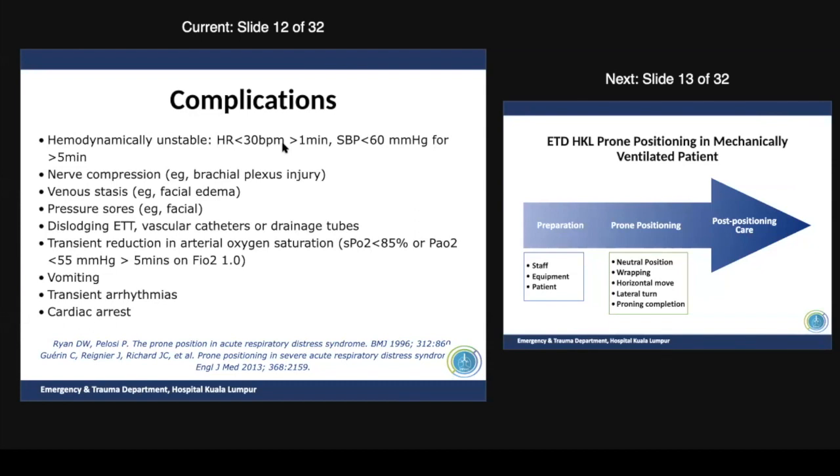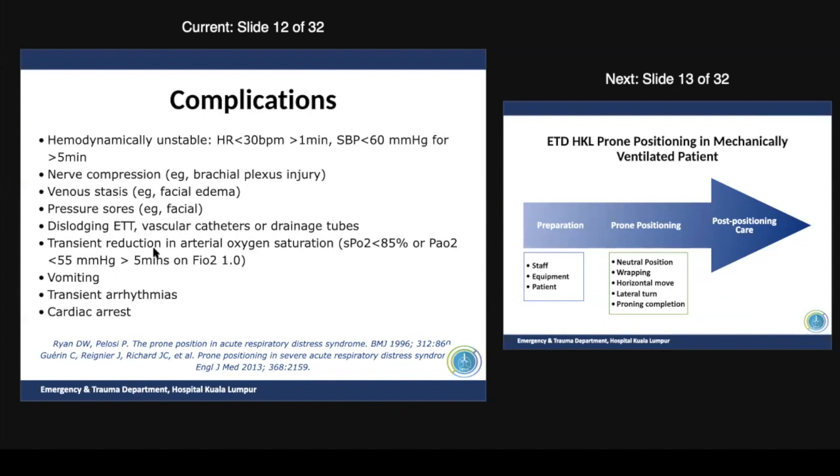Okay? So, other complications here, the most common is dislodgement of the ETT, the IV catheter and drainage tube. So, later we will learn how to secure all these lines and tubing. Other than that is transient reduction. Okay.